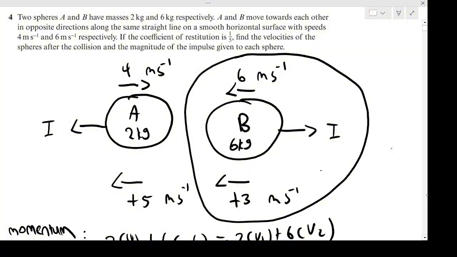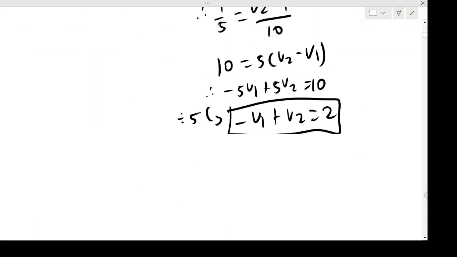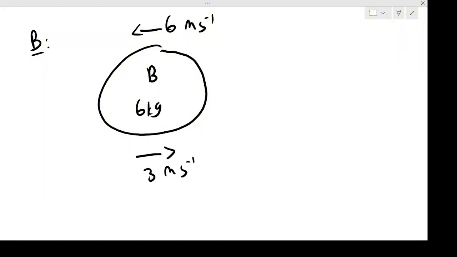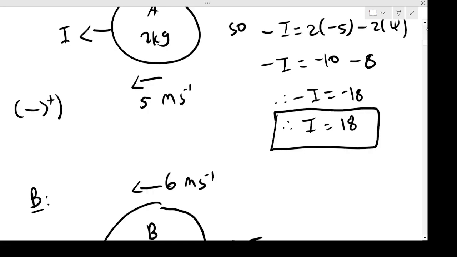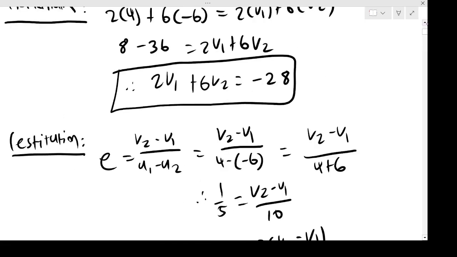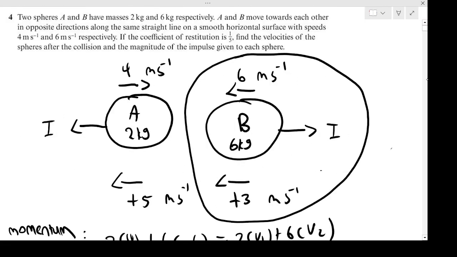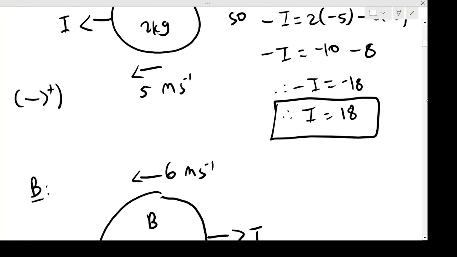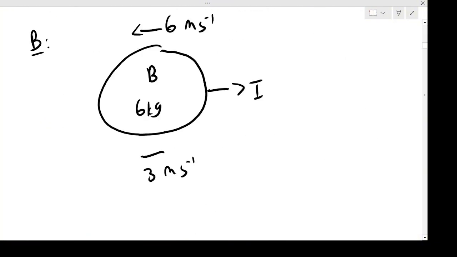So I'm now going to copy out B. Again, have I copied that right? I just need to flip this. There we are. So this is my diagram for B.